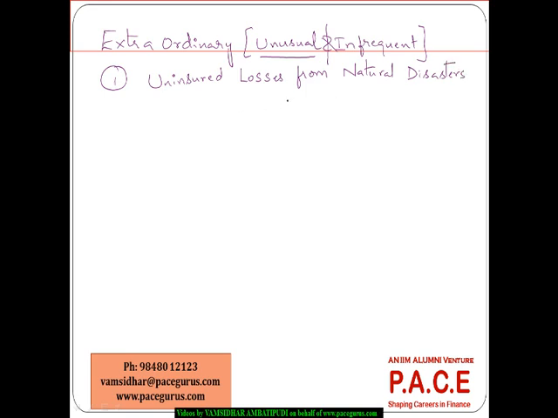Regular natural disasters again might be planned and might be insured, but some specific unusual disaster has occurred and the insurance for the same has not been taken, so the amount is also much higher. The loss is unusual, it's infrequent, probably that kind of loss occurs once in a lifetime. So these kinds of losses, we categorize them as extraordinary.